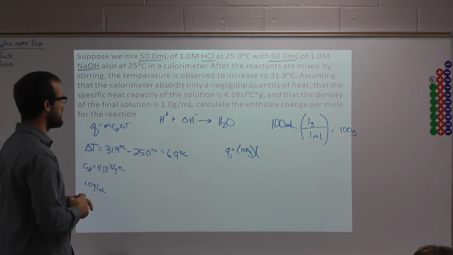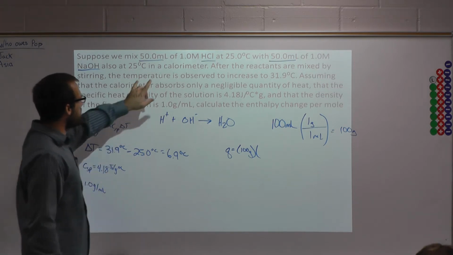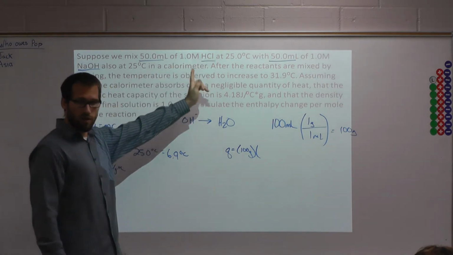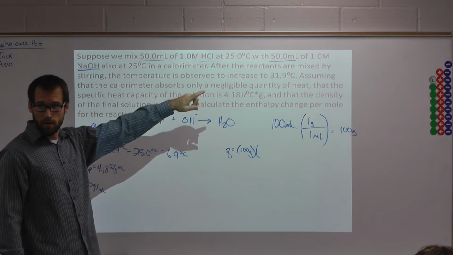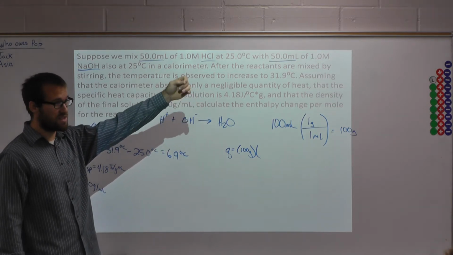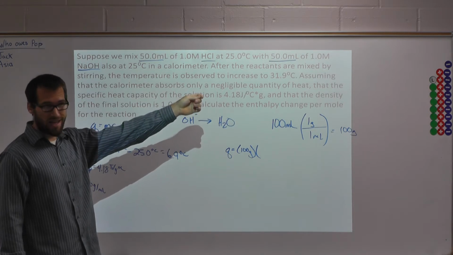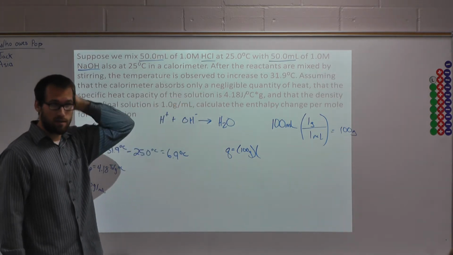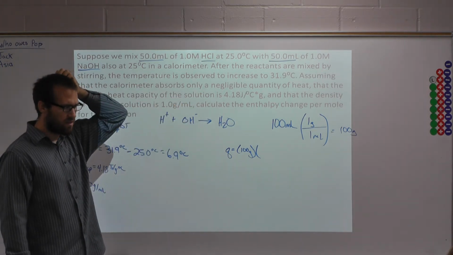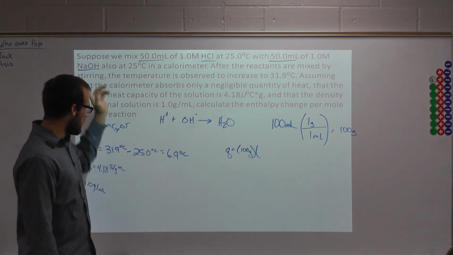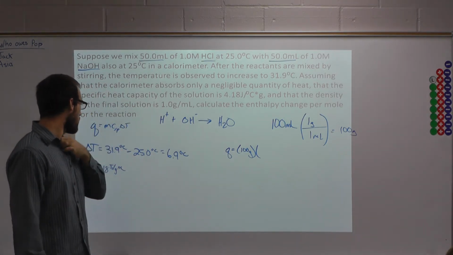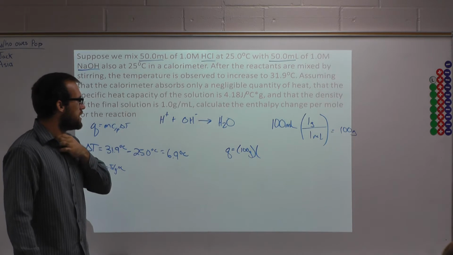So here's essentially what's happening, guys. This acid and base is dissolved in water. When a reaction occurs in water, it appeared that the reaction was exothermic. Why do I say that? Positive change in T. But think about it.